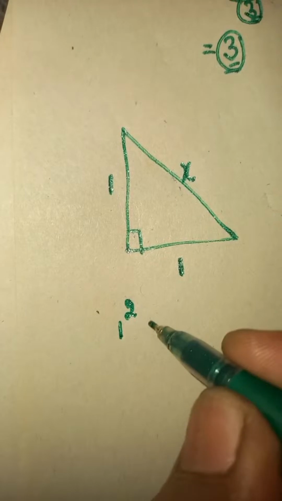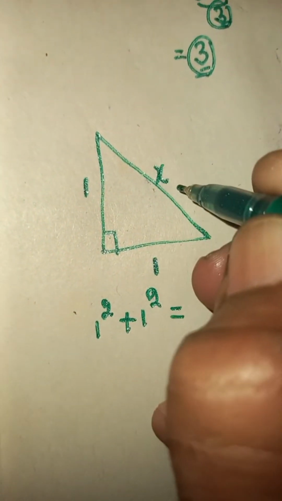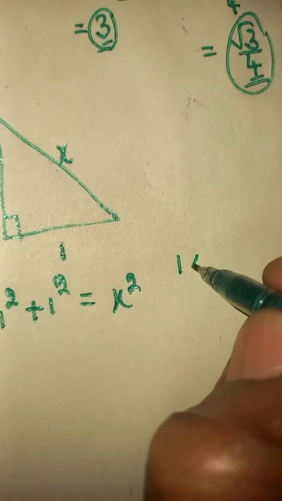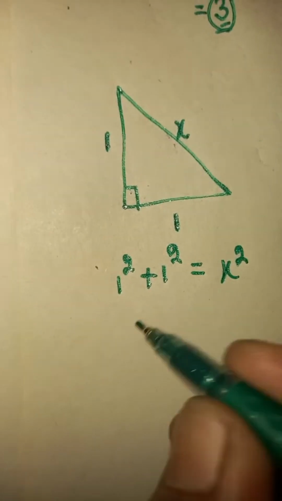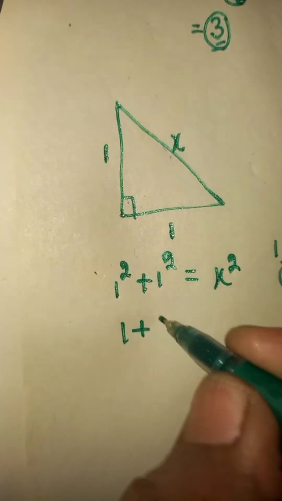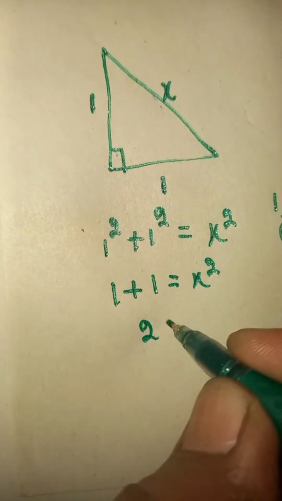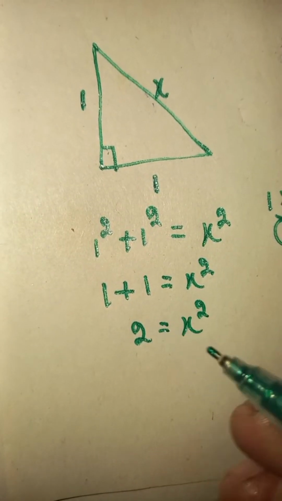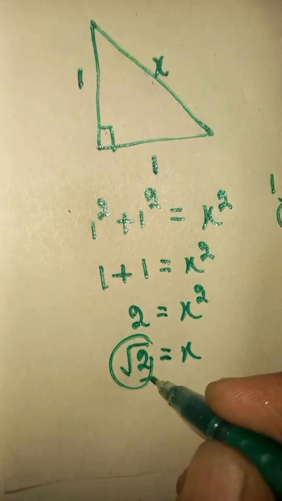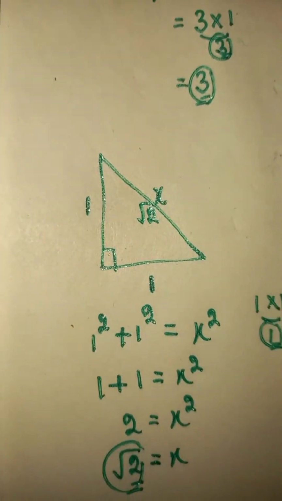This side 1 square plus this side another 1 square is going to be equal to the hypotenuse square, which is x square. 1 square means 1 times 1, which remains as 1. And this square also is 1 times 1, which remains as 1, which is equal to x square. 1 plus 1 is 2, equal to x square. Square goes to that side, it becomes root. x equals root 2. So root 2 is the length of the hypotenuse.